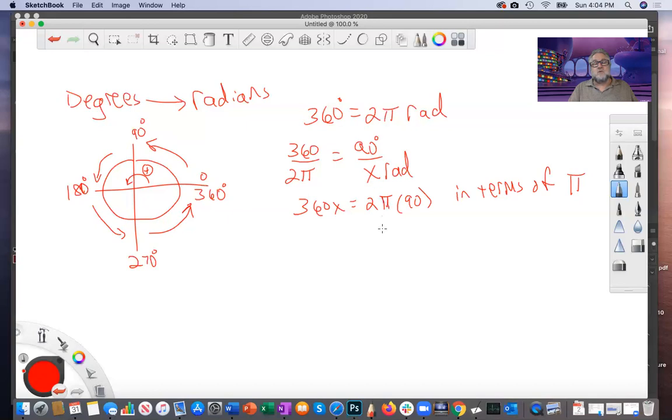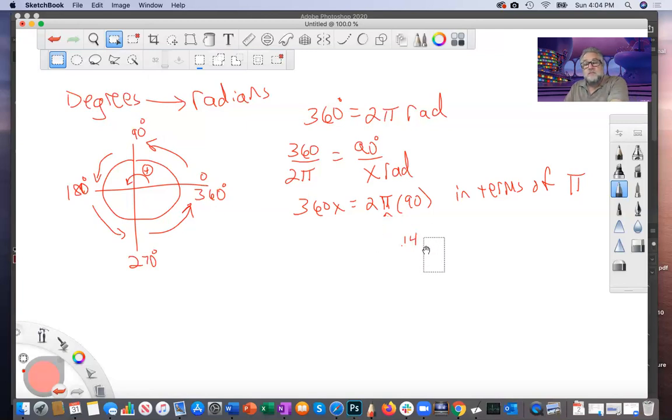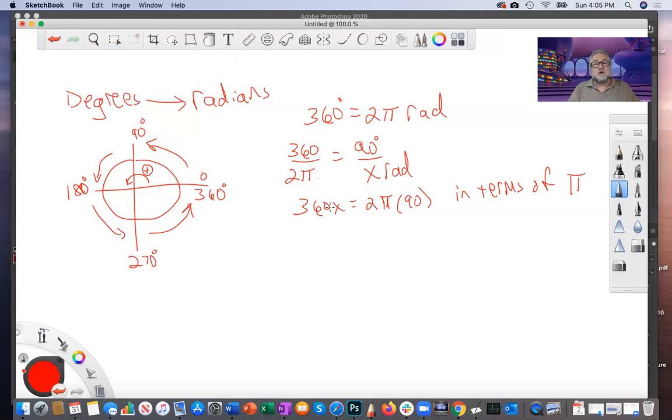If it doesn't ask for it in terms of pi, you can use pi on your calculator and convert this to a number, 1/4, blah, blah, blah, whatever. It goes on forever, but you can just do it that way. Probably it's going to say in terms of pi, because this is a good habit to be in, that you're able to do this and keep pi floating along.